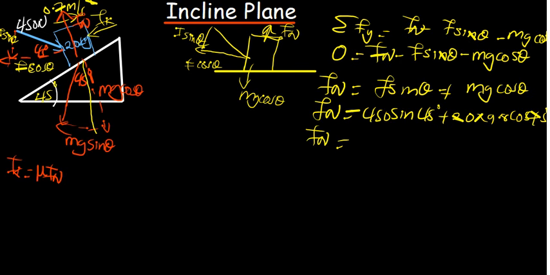We say 450 sin 45 plus, we can put them in brackets, 20 times 9.8 cos 45. Okay, here I'm getting 446.8 newtons.